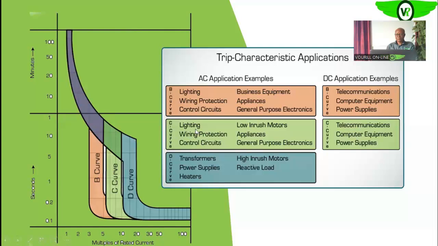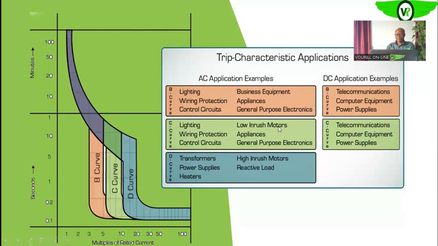Then for the C trip curve, breakers that are guided by the C trip curve, you see that you can still use them for lighting, wiring protection, control circuits. Then you see the addition here for low inrush motors.